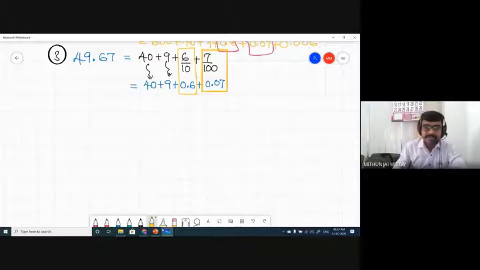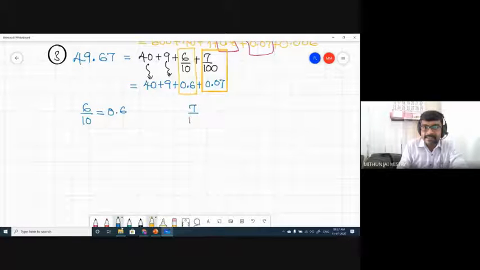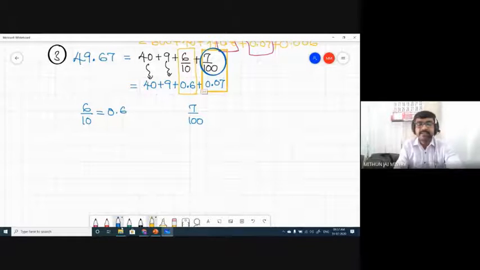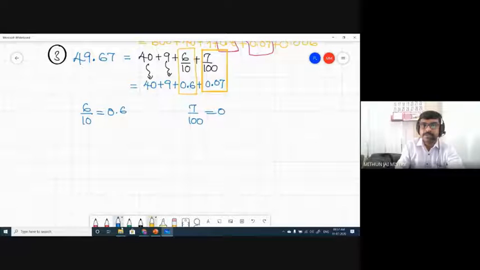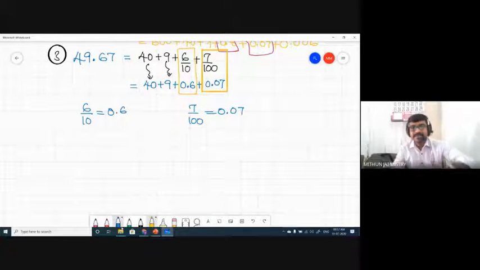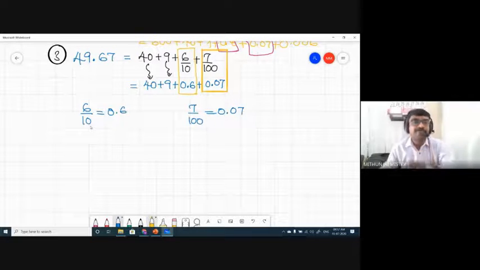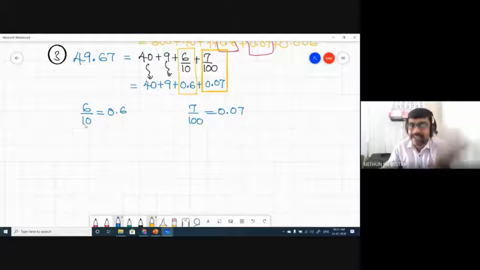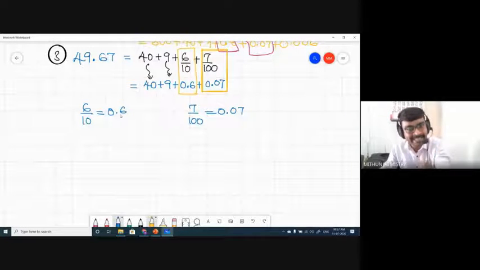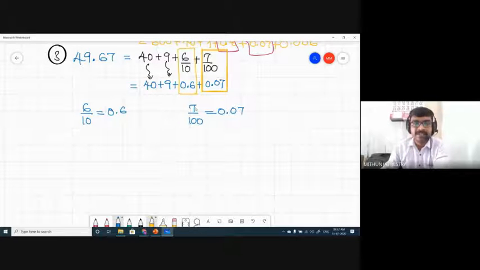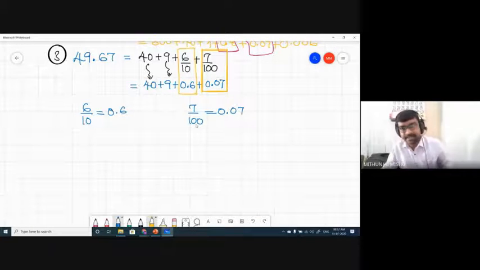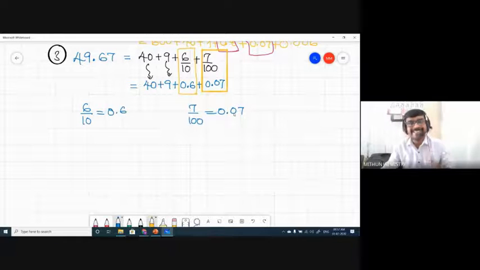Here 6 by 10 is in fraction form, whereas 0.6 is in decimal form. Similarly, 7 by 100 is also in fraction form and 0.07 is in decimal form.